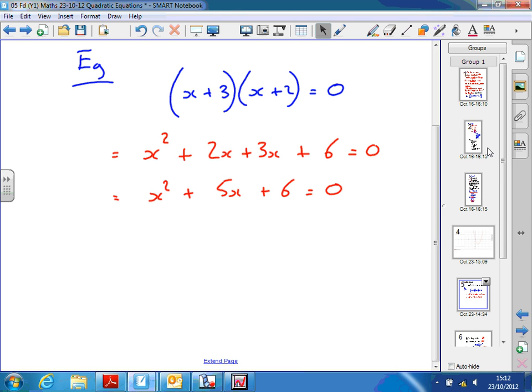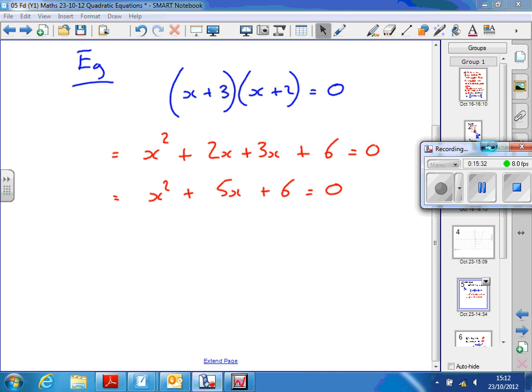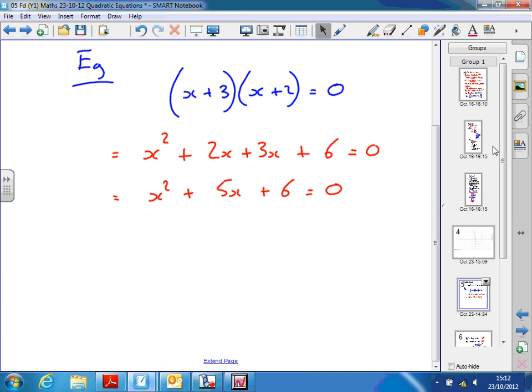Now if we look at this, and this is quite an important little step for this factorising bit, we look at the 5 and how we arrived at that 5x. We get the 5x because I've got 2 lots of x plus 3 lots of x. And that's the 3 plus the 2.